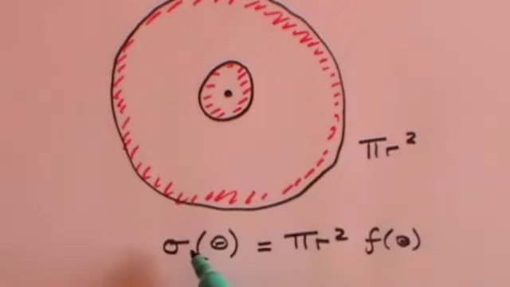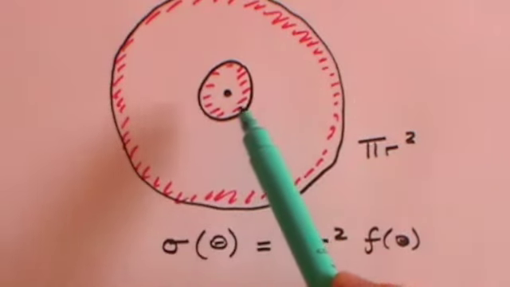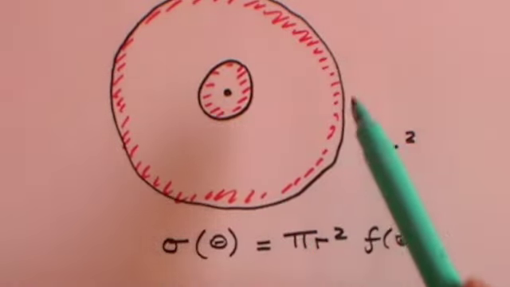So this cross-section both gives you an indicator of the number of particles that are likely to be deflected through that particular angle, or you can look at it another way, it gives a kind of indication of the probability of an alpha particle being deflected through that angle. The closer to the nucleus you come, the greater will be the angle of deflection, but fewer alpha particles will hit that area than will hit this area.